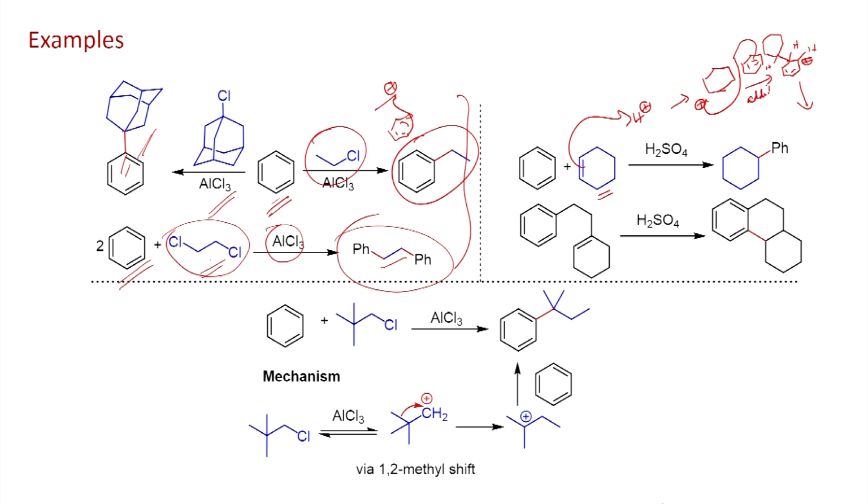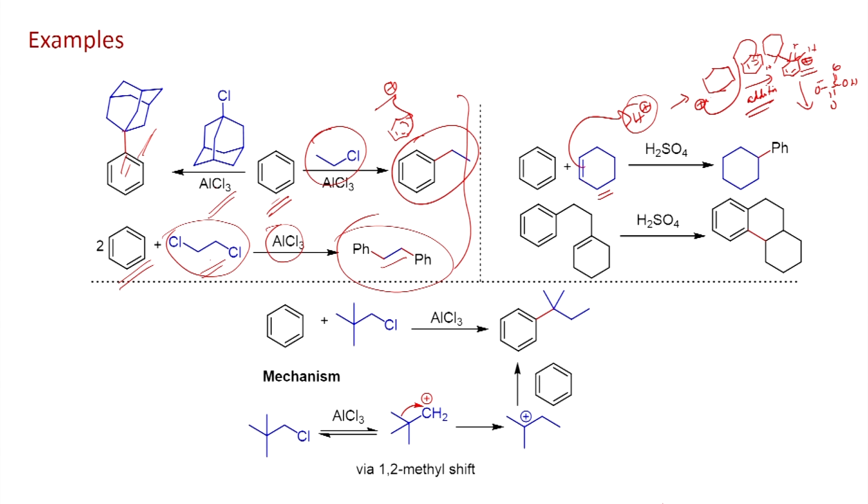First, what you do here, you form the carbocation, the alkene, the cyclohexene, undergoes addition reaction with the proton, then you form the carbocation which acts as an electrophile, which can now react with benzene. You form this carbocation intermediate. Now, this can react, this base, deprotonation takes place.